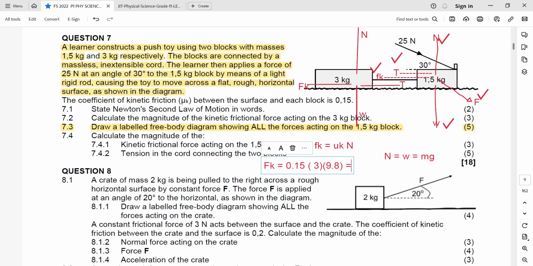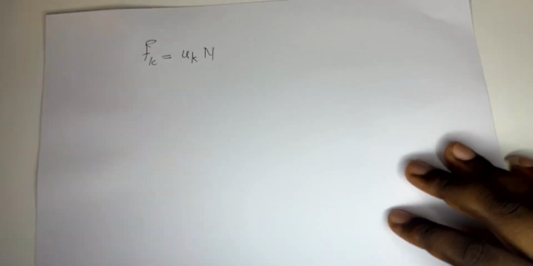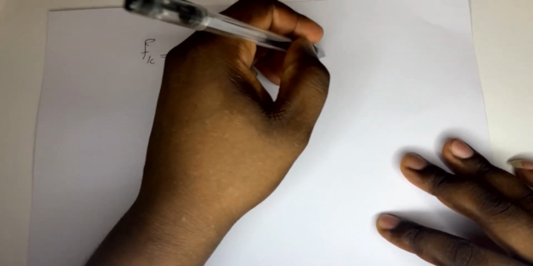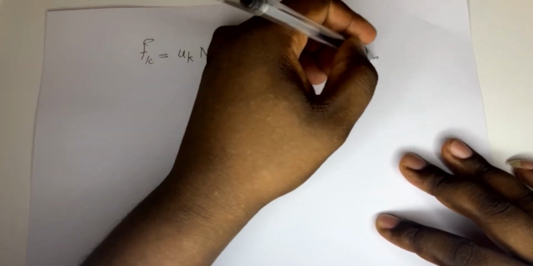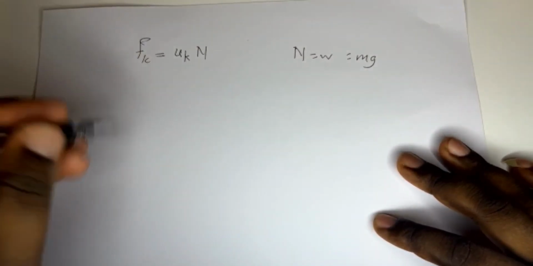Okay, from here we have Fk is equal to the coefficient of kinetic friction multiplied by the normal force. The normal force is equal to the weight, which is equal to mg. Write it somewhere because it will give you the mark.